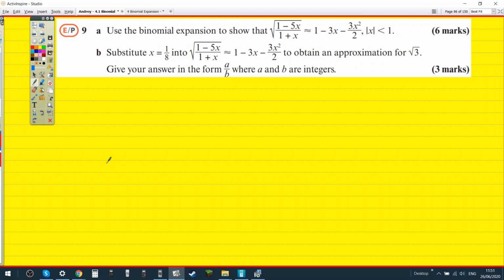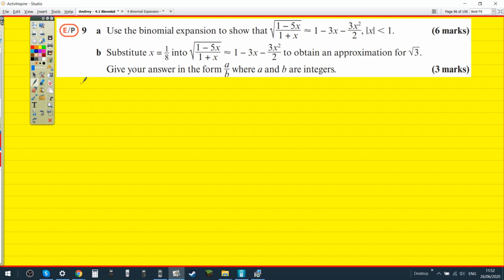So I just need to take 1 plus x and times it by 1 minus 5x. So it's 1 plus x to the minus 1 and make the entire thing to the power of a half.